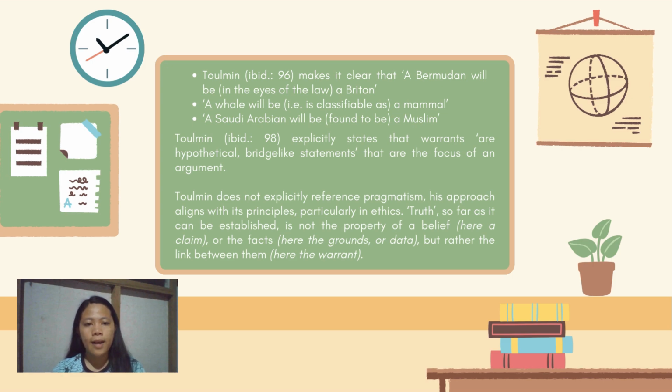Truth, so far as it can be established, is not the property of a belief, which here is a claim, or the facts, here the grounds or data, but rather the link between them, which is here the warrant. This means an argument's strength depends on how well the reasoning justifies the claim based on evidence.